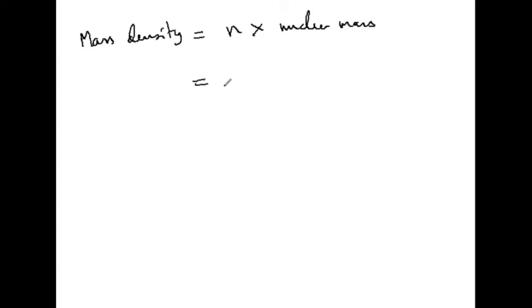Now what about the mass density? Well, the mass density is equal to the number density into nucleon mass. So this is equal to 1.6 into 10 to the power 44 per meter cube into 1.67 into 10 to the power minus 27 kg.